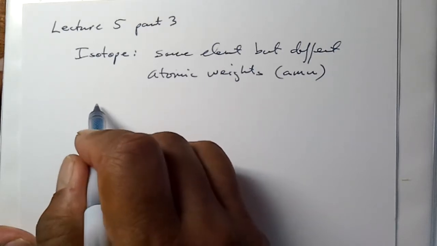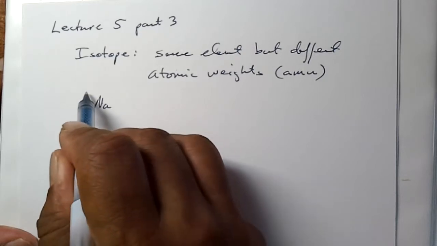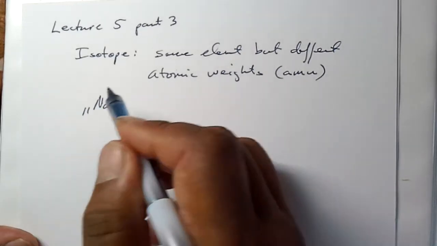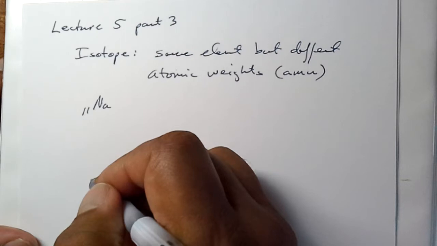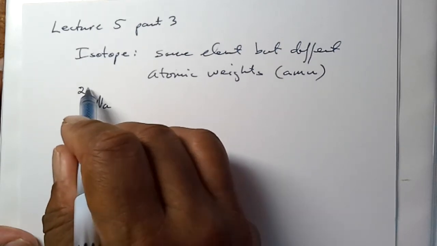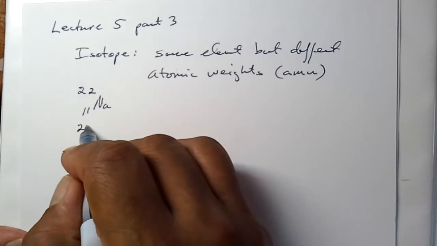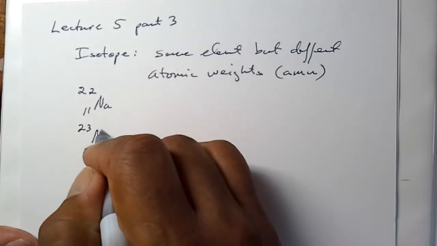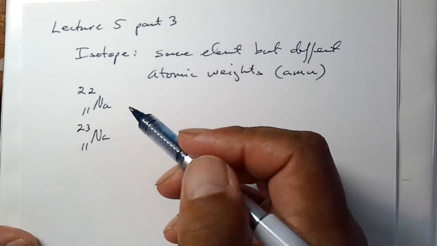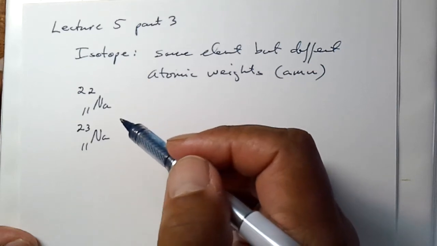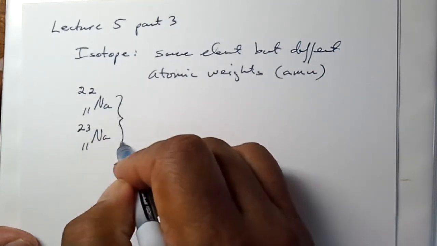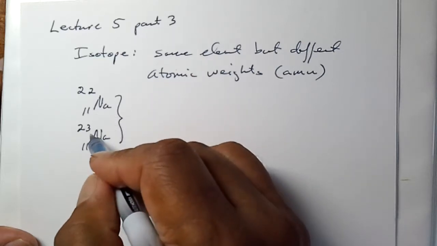For instance, sodium has an atomic number of 11, an atomic mass of 22, and there's also a sodium with an atomic mass of 23, an atomic number of 11. So these two exist together in the same element.